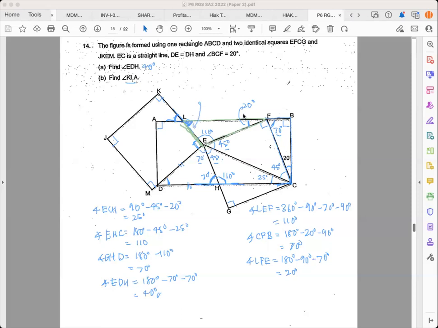So this angle will be angle ELF, 180 degrees minus away 110 degrees minus away 20 degrees. I will get 50 degrees. This is 50 degrees, and KLA will also be 50 degrees because they are opposite angles. So the answer is 50 degrees. Now let's continue with question number 15.